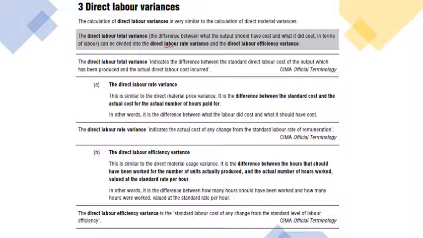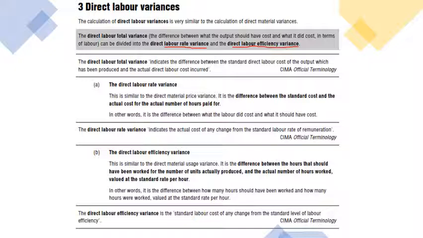Here is the labor rate variance. The second one was the labor efficiency variance. The rate is about the price or cost per hour, whereas the efficiency is about how many hours were worked to produce a product.